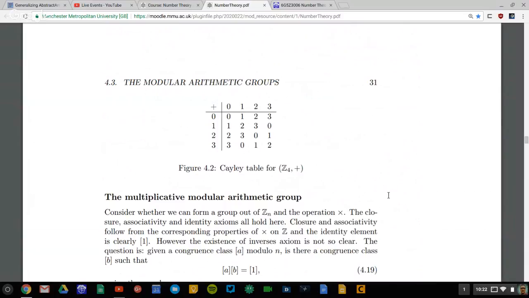Across the top, because we're using the identity as the first element, when you add the identity to anything, it doesn't change it. So the first row in the body of the table is simply a repetition of the column labels. And thereafter, the next row is the same as the row above, shifted cyclically one place to the left. The second row is 1, 2, 3, 0.